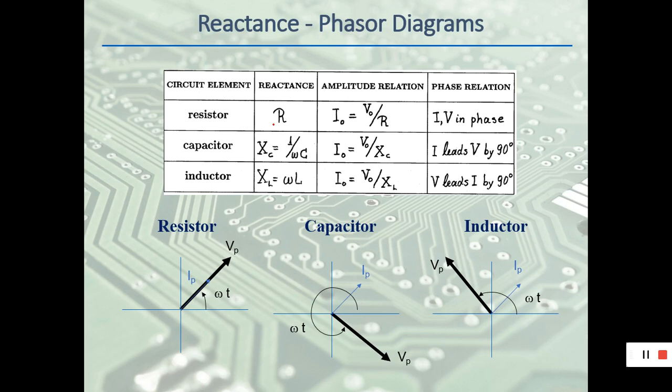This is what we have learned before. For the resistor, V and I are in phase.